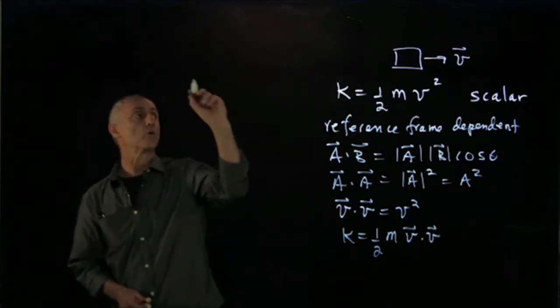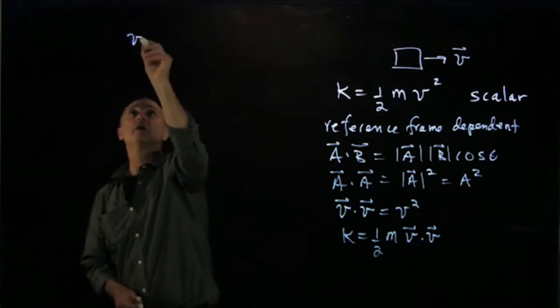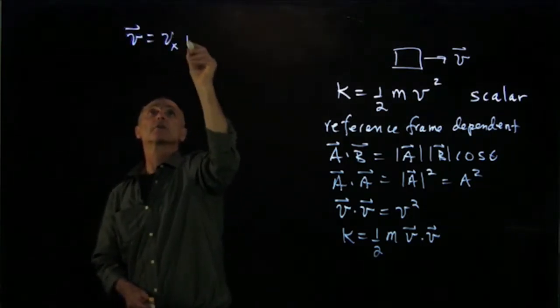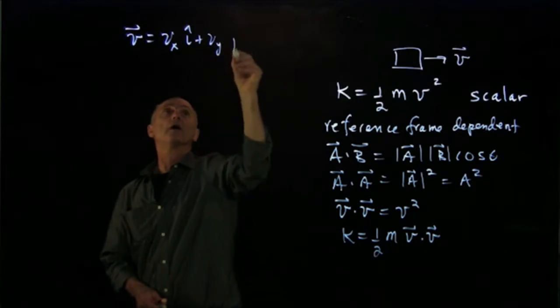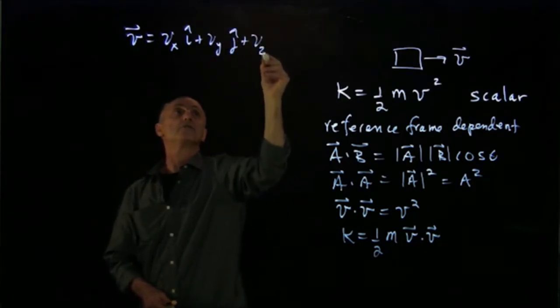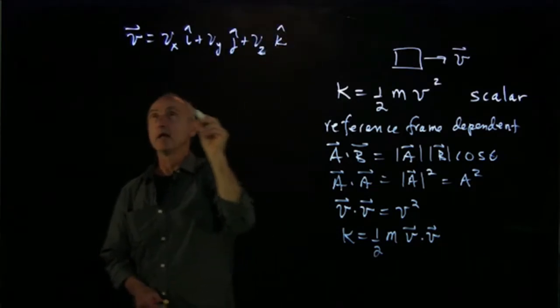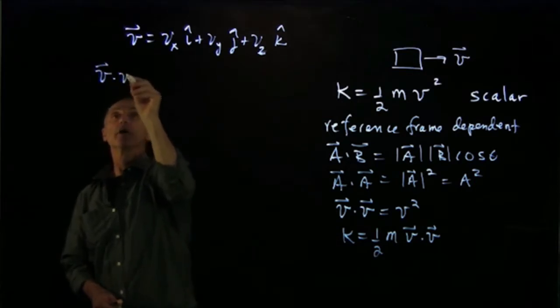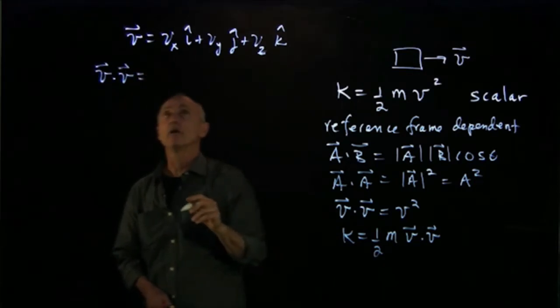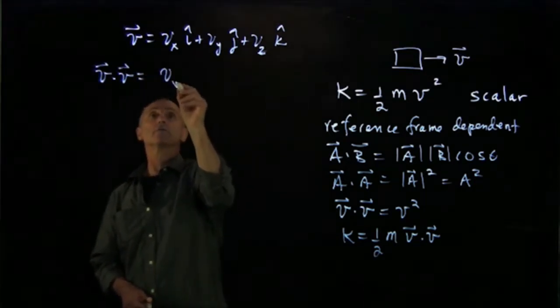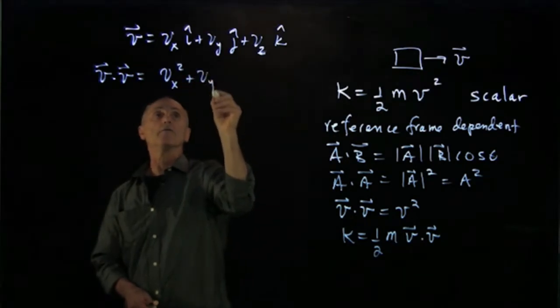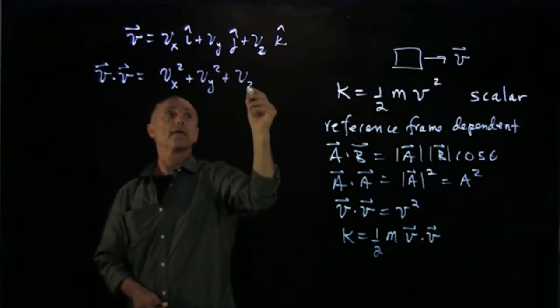Now, if we had a coordinate system where we wrote v as vx i hat plus vy j hat plus vz k hat, and we took the dot product of that vector with itself, then we just know that it's the square of the components.